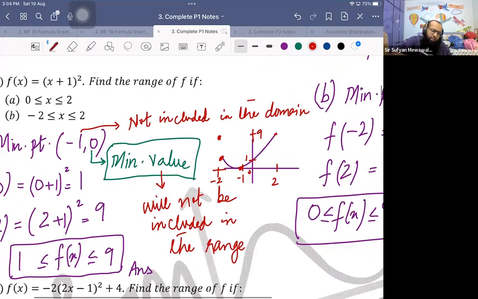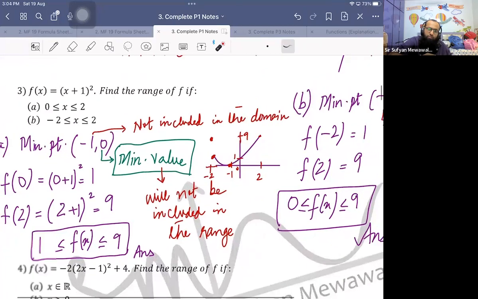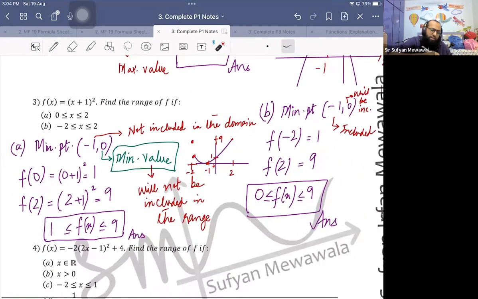Now check out. If the domain starts from -2 and ends at 2, then this entire curve will be valid for part number B. So how do we draw the graph? It's a minimum point.